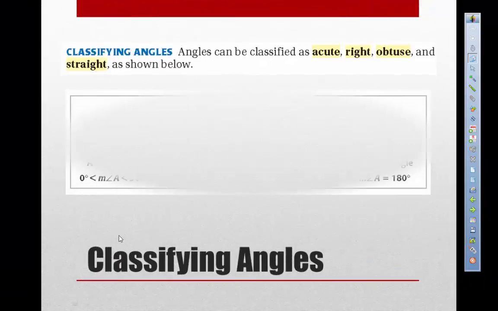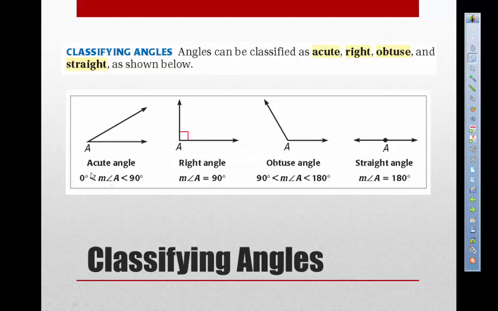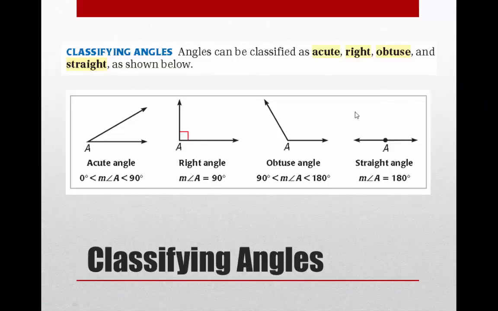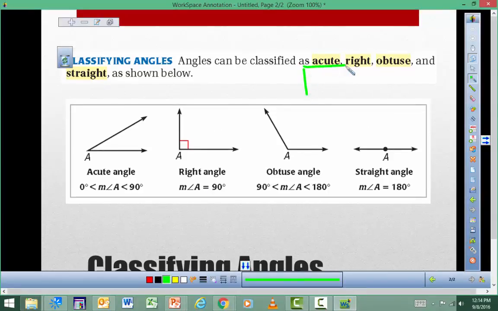So now we want to classify angles, and you've probably seen these all before. If an angle is less than 90 degrees, it's an acute angle. If it's exactly 90 degrees, it makes a right angle. Now this should remind you of a square. That's because if you were to draw a square, you have 4 right angles in here. These are all 4 right angles in here.